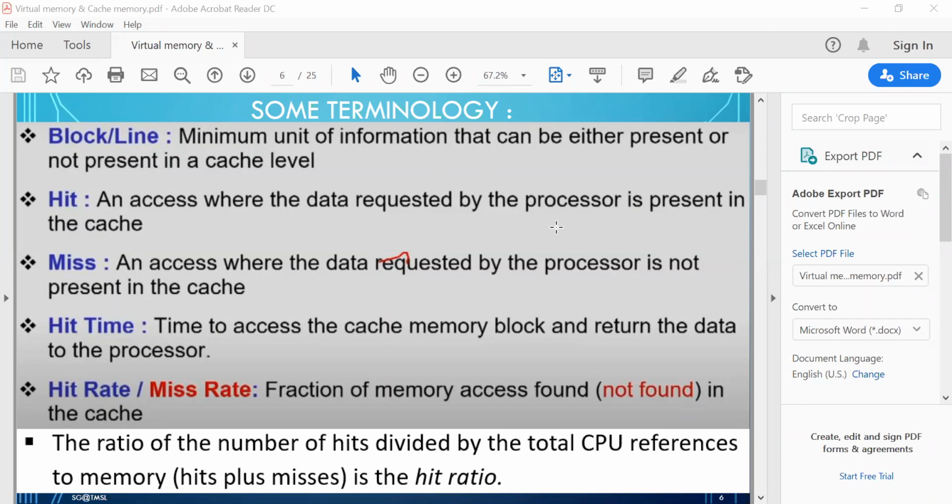Hit plus miss total is the hit ratio. So hit ratio is the number of hits divided by the total CPU references to the memory, which is equivalent to the number of hits plus number of misses. Okay, so that ratio is called the hit ratio here.